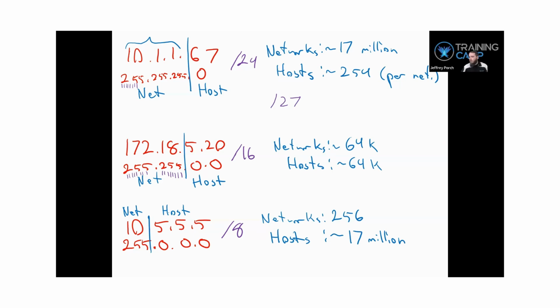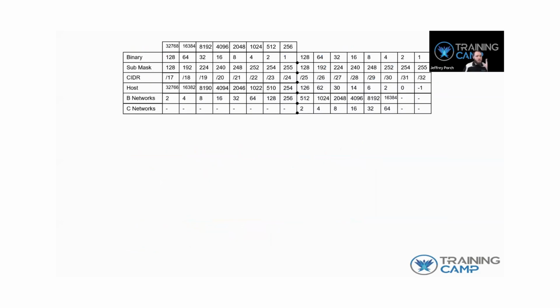To bring up a chart that I ultimately teach my students to use inside of our class, we end up looking at anything between a /17 and a /32, which is basically third and fourth octet subnetting, in order to understand how you can manipulate these networks.